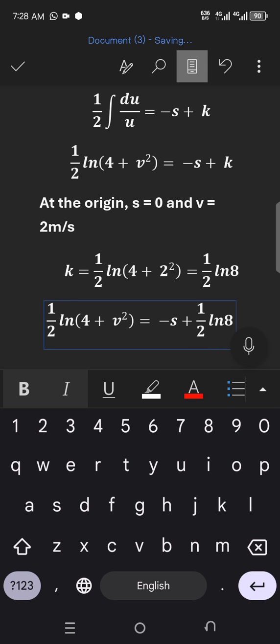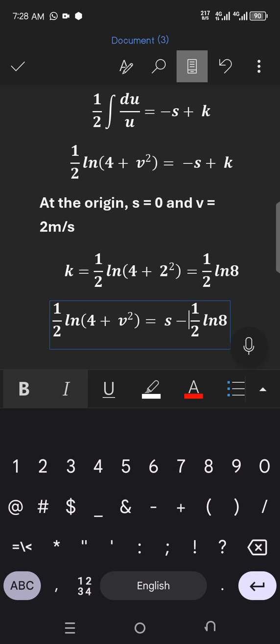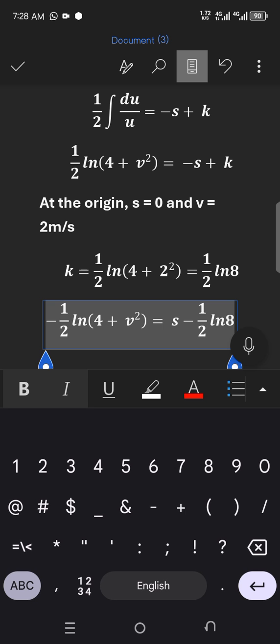Now from here, I will multiply all through by negative. This one is going to be positive, this one is going to be negative, and this one here is going to be negative.